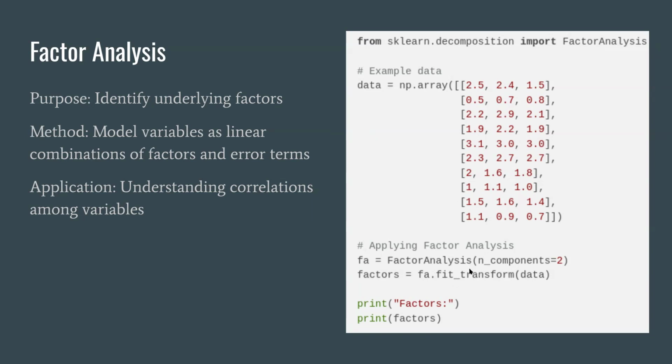And then once we have the factors, we can print them to see how the data has been transformed. I highly encourage everyone to do this on your local machine. And as we said before, these factors represent the latent variables that influence our observed variables, helping us understand the underlying structure of our data.